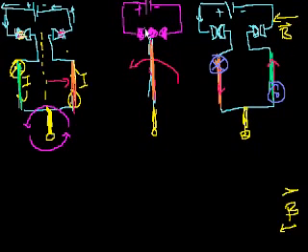So if you have a constant magnetic field, and you just use this commutator, as soon as you get to that vertical point, it cuts the current, and then when you go a little bit past vertical, a little bit past 90 degrees, it switches the direction of the current.